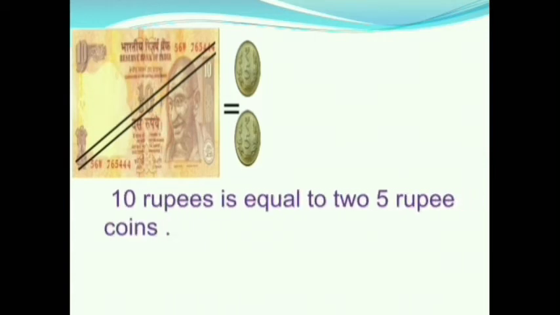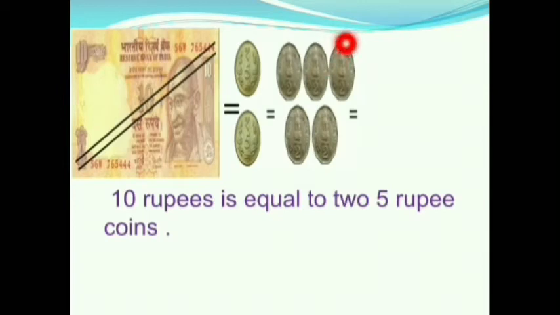Next we have a 10 rupee note and beside it we have two 5 rupee coins. What cost will we get when we add these two? Yes, 5 rupee plus 5 rupee is equal to 10 rupee. 10 rupee is equal to two 5 rupee coins.